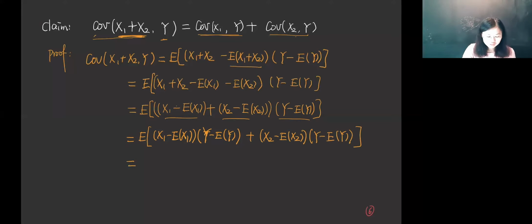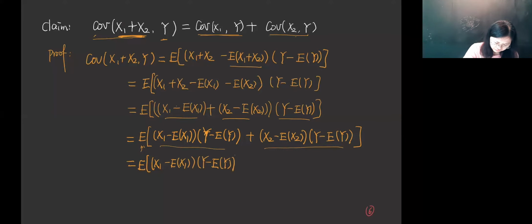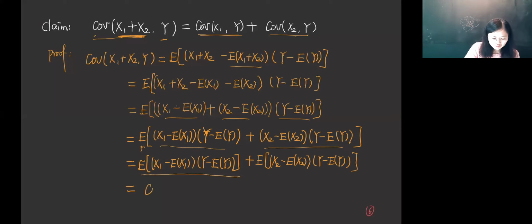Now again, using the property for expectation of the sum of the two terms equals the sum of the expectations. And now realizing that the first expectation is the definition of the covariance between X1 and Y, and the second is the covariance between X2 and Y.